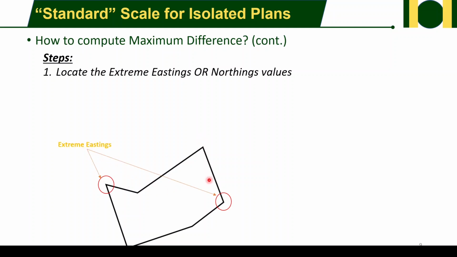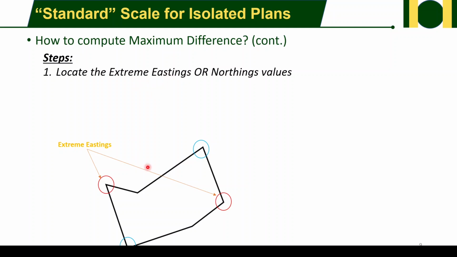That is extreme eastings, and extreme northings are these corners, the northmost and the southmost.